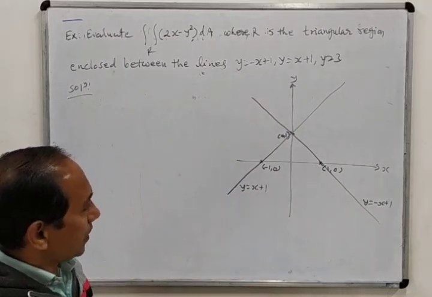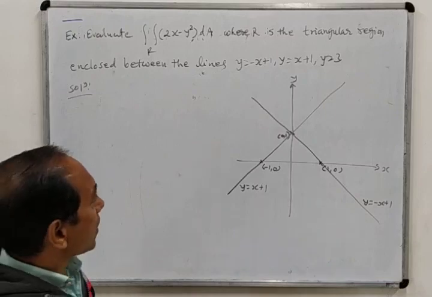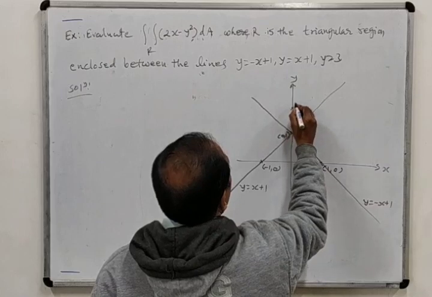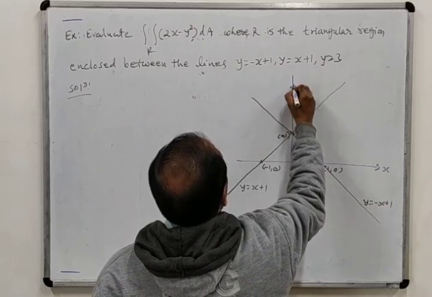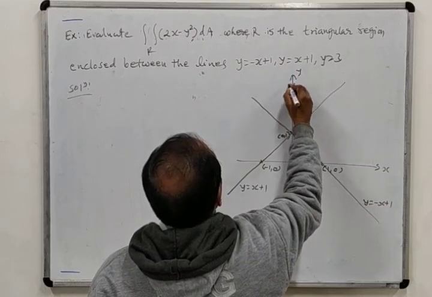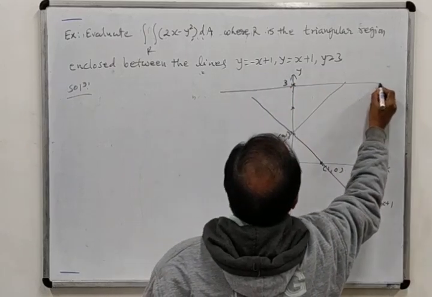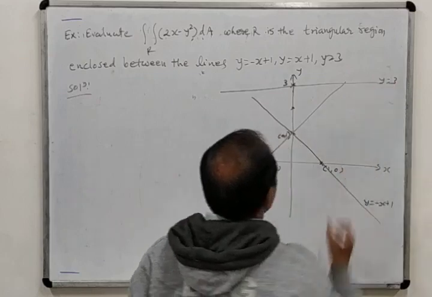Then y equal to 3 is the line parallel to the x-axis drawn at the point 3. This is 2, this is 3. So if we draw this line, it is y equal to 3.